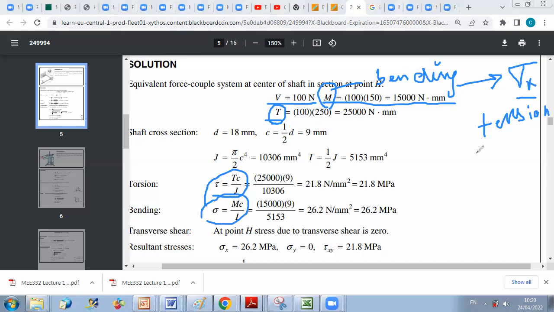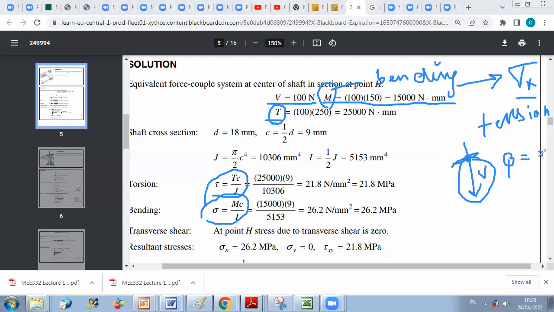Plus, we said that because point H is at the free surface at the top, it will not be affected by the shear. The shear force will not lead to the creation of shear stress here because it's on the free surface, and the first moment Q corresponding to this point is 0.